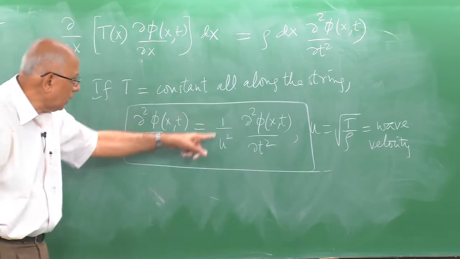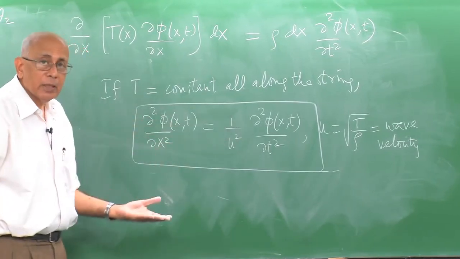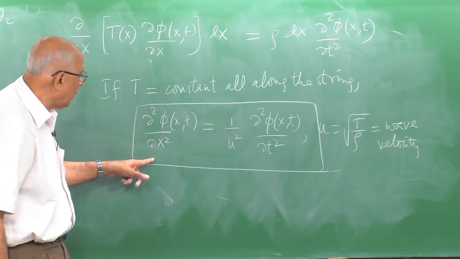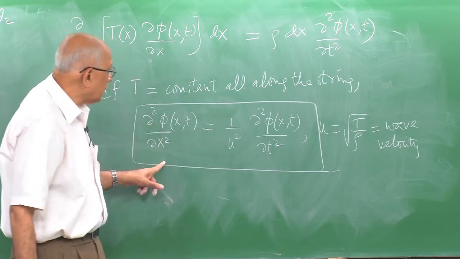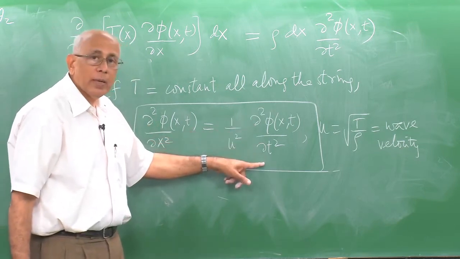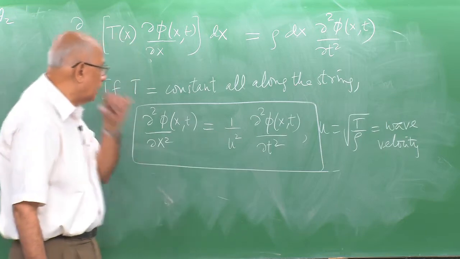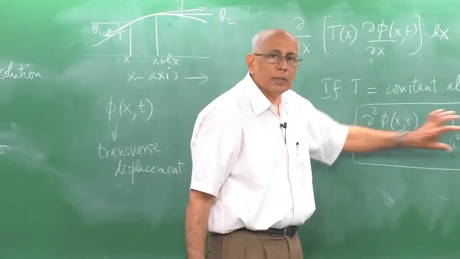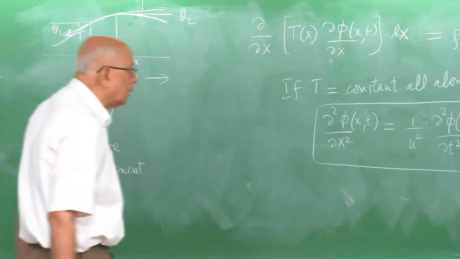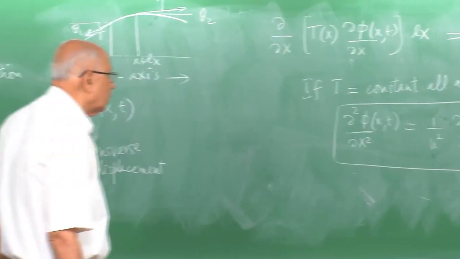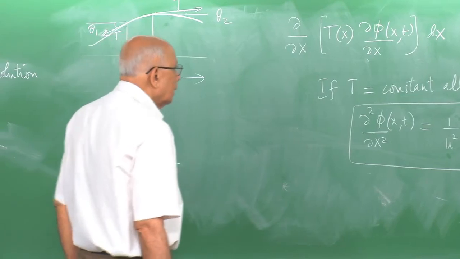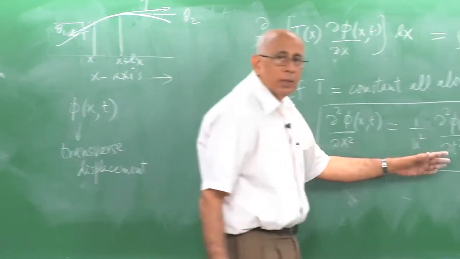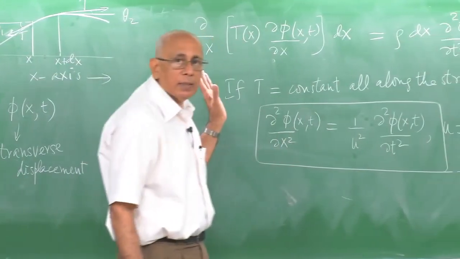This quantity here is needed for dimensional reasons, because this is 1 over length squared, d2 over dx2, and this is 1 over t squared. So you need a speed squared here to make the dimensions right, and this quantity is associated with the square of the speed of the wave, or the wave velocity. So, that is the exact wave equation satisfied by these transverse waves.